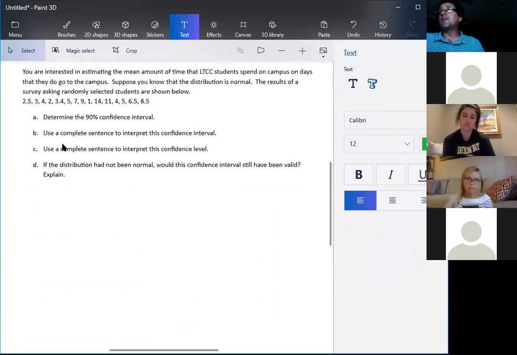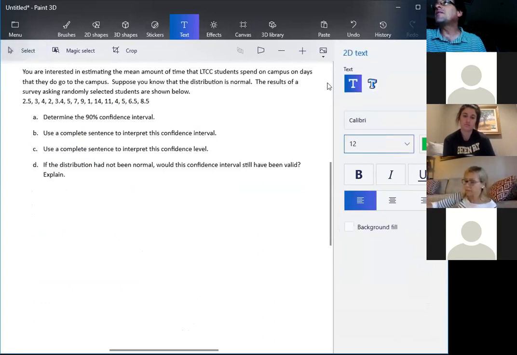And we want to use a complete sentence. We just determined the confidence interval, 4 to 7. Now we need a complete sentence.